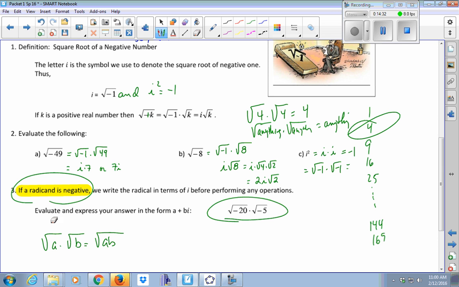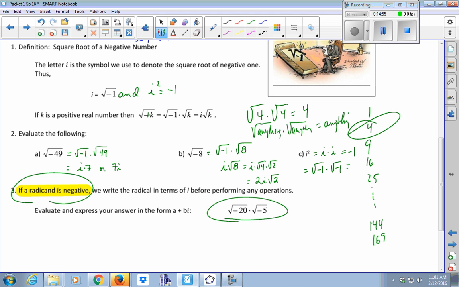So you don't want to turn it into, if you multiply these, you'd get the square root of 100, right? And that's 10, and there's no way 10 has anything to do with the square root of negative 20 and negative 5. You've got to see this as separate from the properties you were working on when A and B were positive.